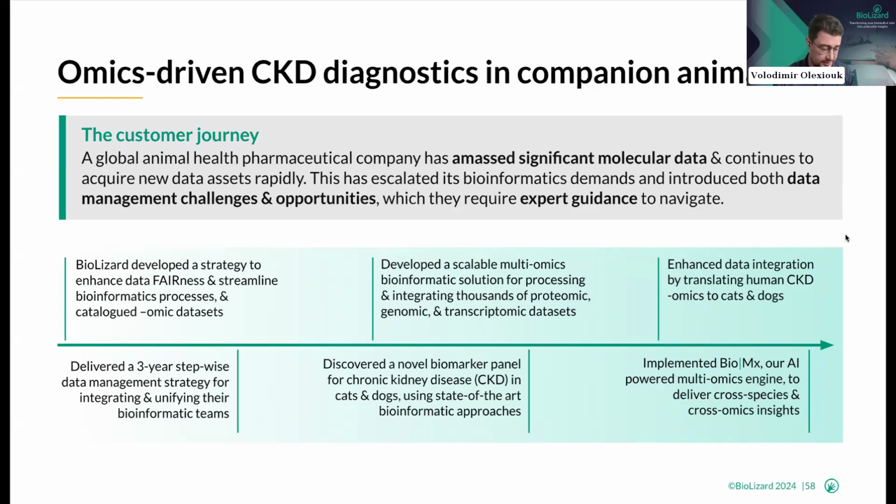So within that context, we created a map of human CKD, whereby we combined multi-omic data on a bulk level, but also on a single cell level, to try and map it onto cats and dogs CKD data by learning a model on humans, and then use transfer learning to bring those insights onto cats, but still attain the specificity for the specific species.